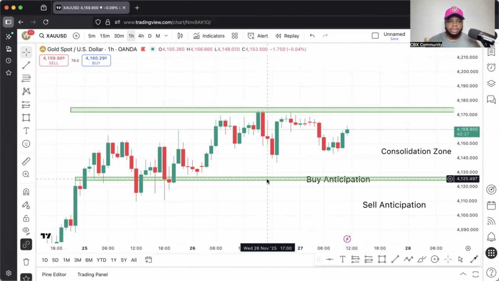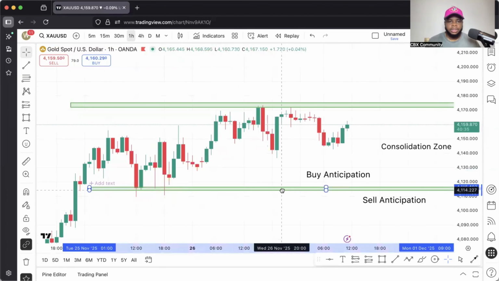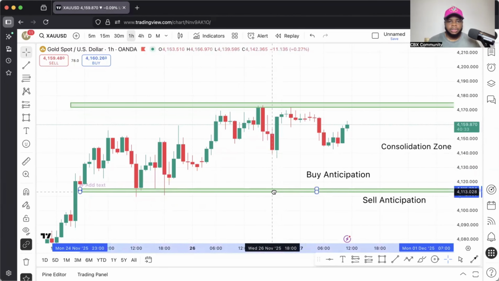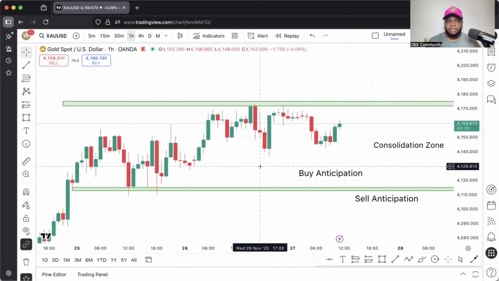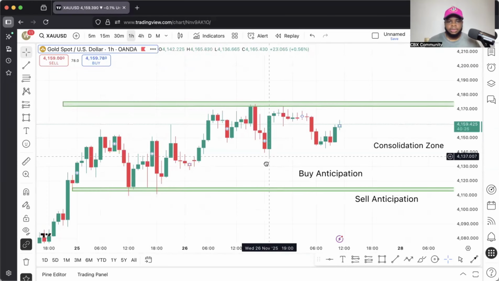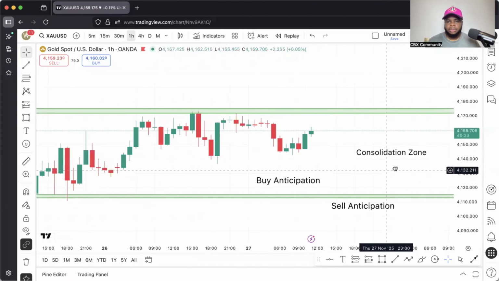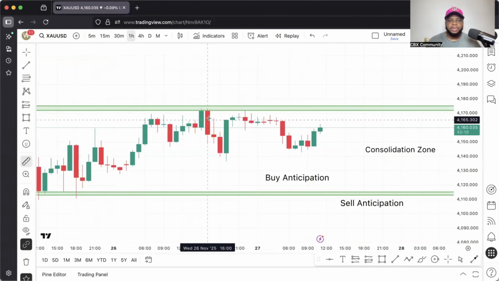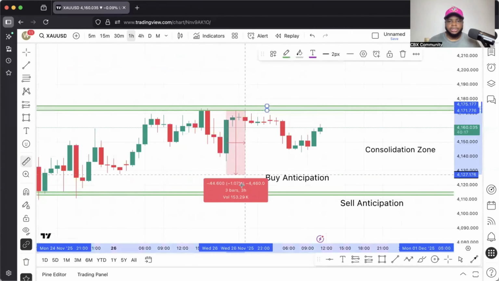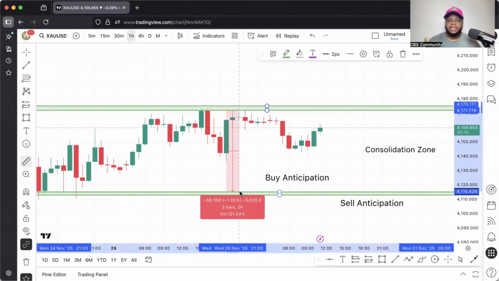And let's address the support zone properly. Let's measure from this resistance zone down to the support zone. How many pips is this? So we are looking at 563 pips, and that's a huge range.